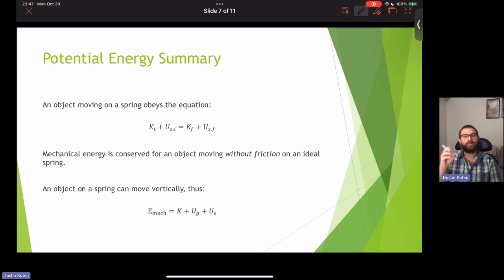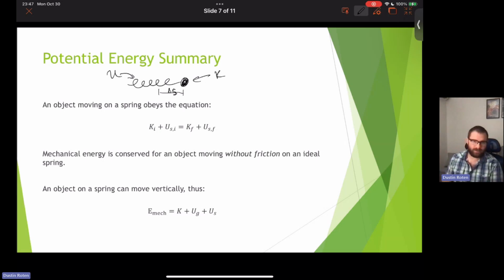So an object moving on a spring obeys this equation. So you can think about an object maybe like this on a spring, and maybe it's been stretched from equilibrium by some amount, delta S. All right. So when you have this situation, notice we do have spring potential energy. And then as this thing moves, because the spring's going to want to move, this ball or this mass is going to have kinetic energy as well.